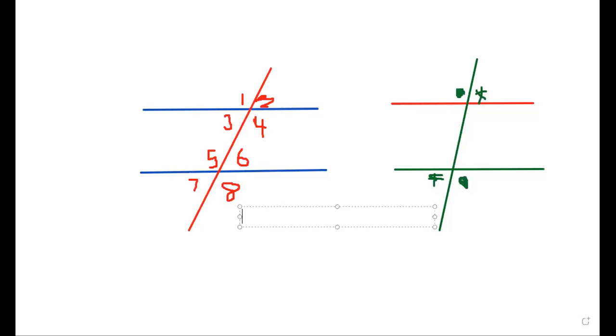So we have alternate interior angles, which we can see here in this diagram. It will be angle what? Alternate interior, angle 3 and angle 6.